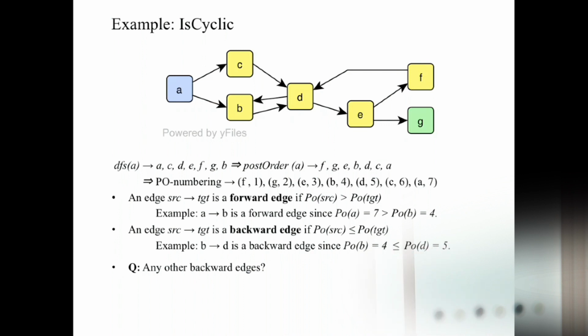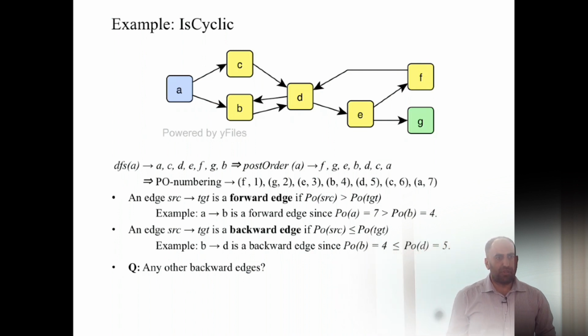If the post order of the source is greater than that of the target, then it's a forward edge. Otherwise, it will be a backward edge. So in this case, this edge is a backward edge because the post order of B is less than that of D.